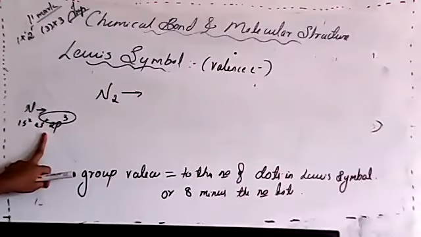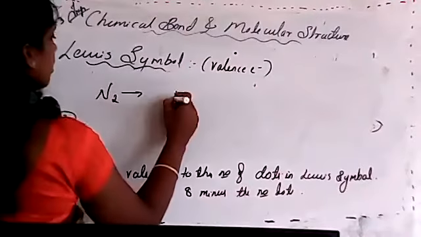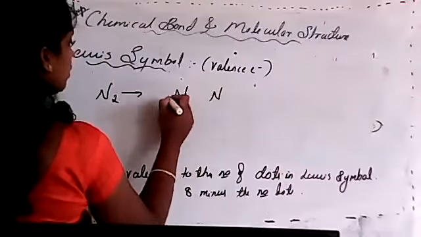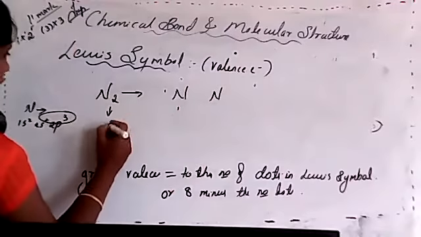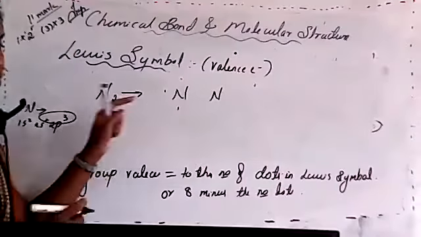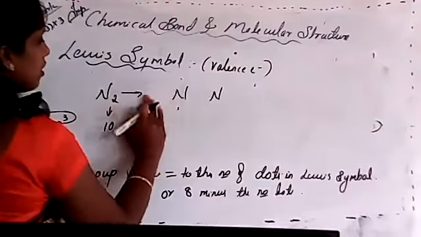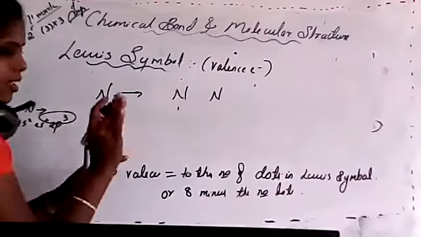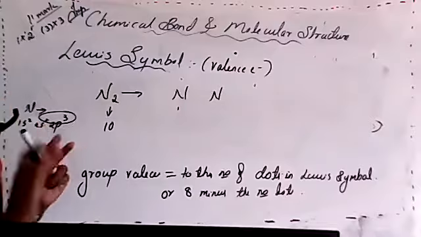Total number of valence electrons, students. I'll write it as N, 1 2 3. Total number of valence electrons is 10. About this we will learn again after this topic. Okay, this is a little bit complicated. Just try to imagine.